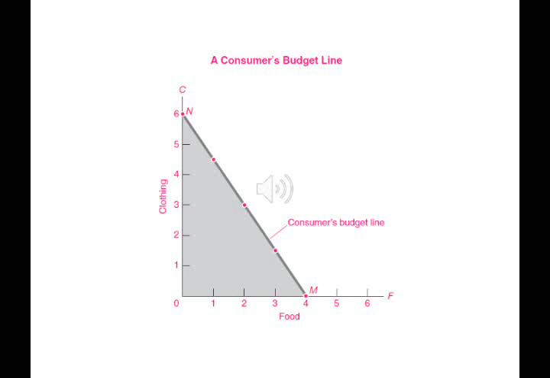Any point that lies to the right of the consumer's budget line represents a consumption bundle that is not affordable for our consumer, who needs a higher level of income or a lower price of the good in order to be able to get these consumption bundles. So points to the right are unaffordable for our consumer. Points to the left, on the other hand, represent consumption bundles that are affordable for our consumer. They lie inside the budget constraint of the consumer.